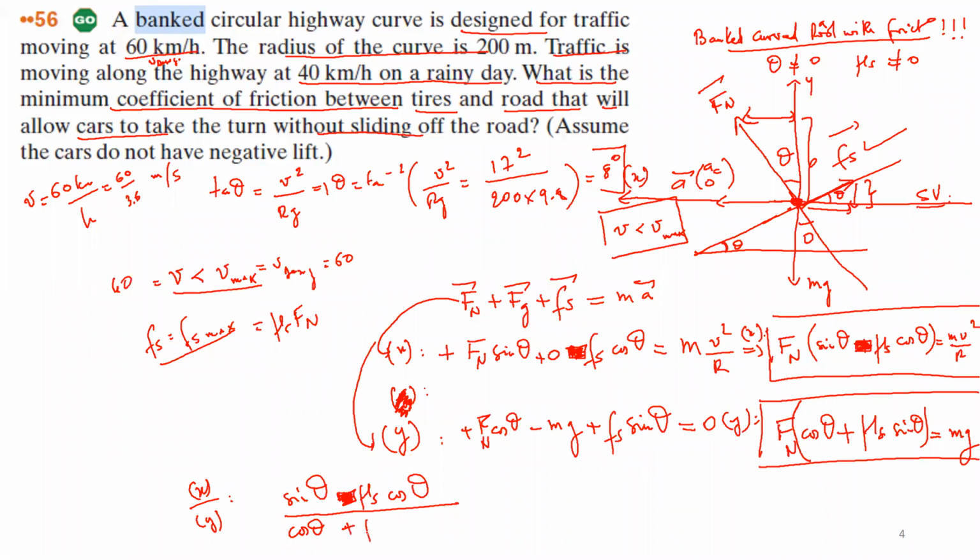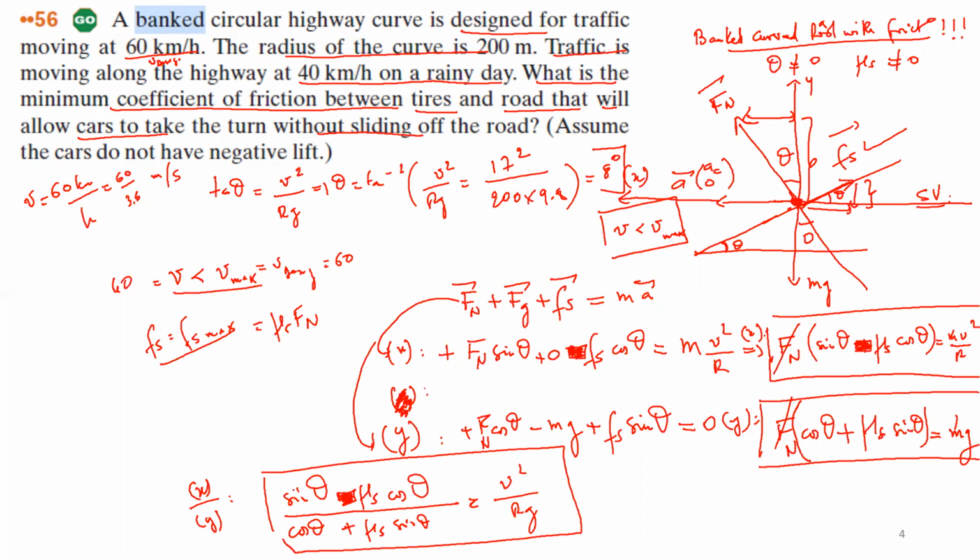Plus mu s sine theta. This is equal to, because I take the ratios, the Fn is simplifying. Along the right hand side, the m will simplify, and you will have v square over rg. Okay, so this is it.